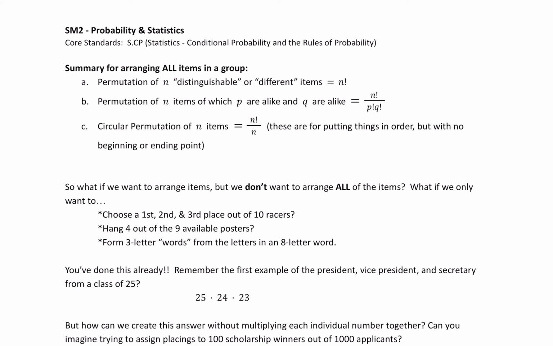Okay. So what if we want to arrange items, but we don't want to arrange all the items? What if we only wanted to choose the first, second, and third place out of 10 racers? Or what if we only wanted to hang 4 of the 9 available posters, or form 3-letter words from our 8-letter word?